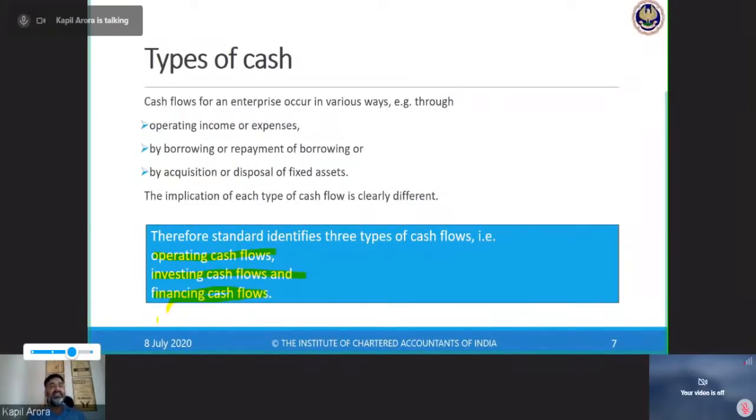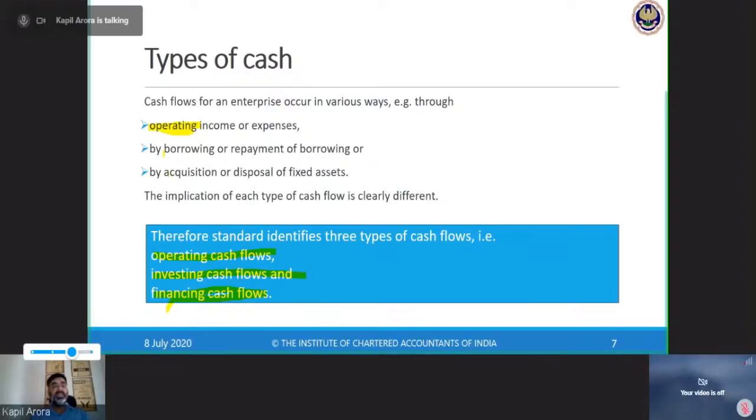When we generate something from operations, meaning all the P&L items where cash is involved, so operating income or operating expenses, and cash movement is happening, those items will have an impact on operating cash flows. It means they are creating operating cash flows, both inflow and outflow.